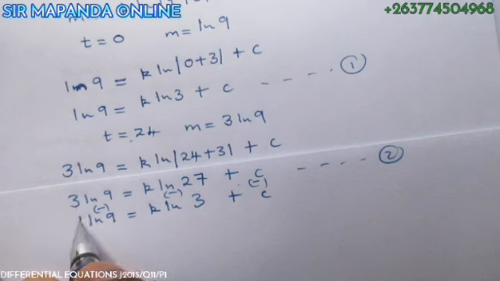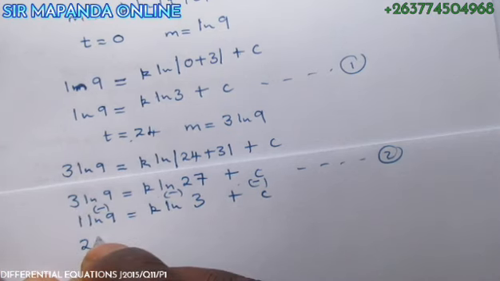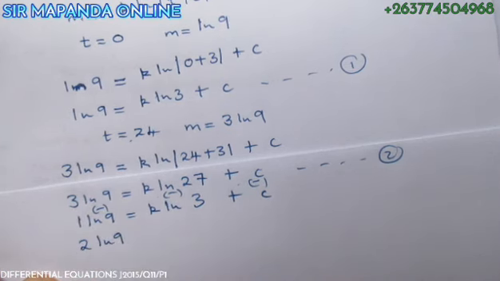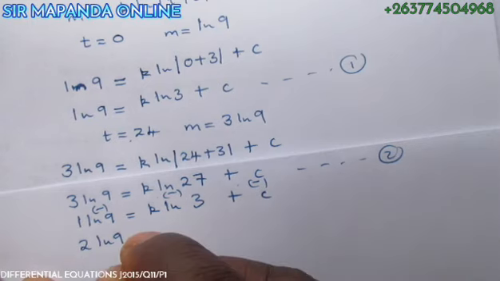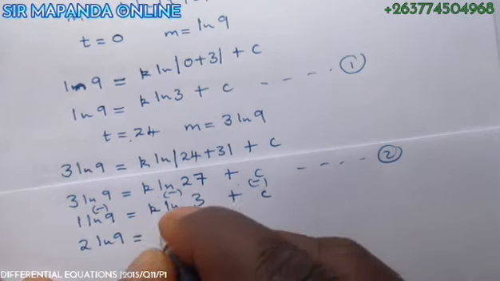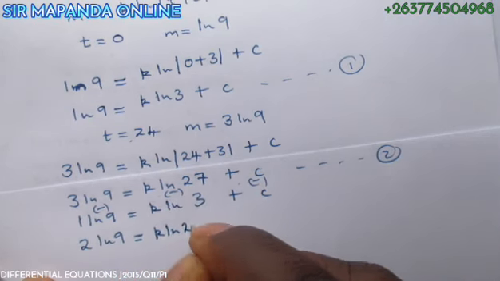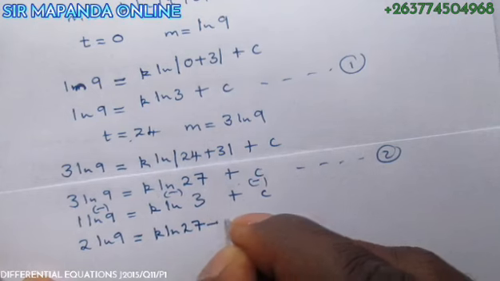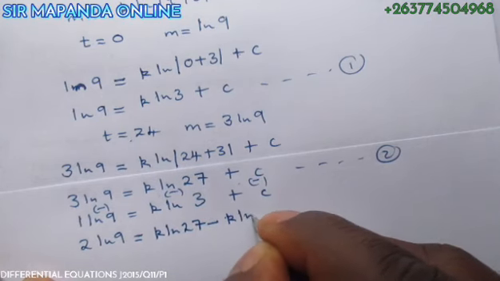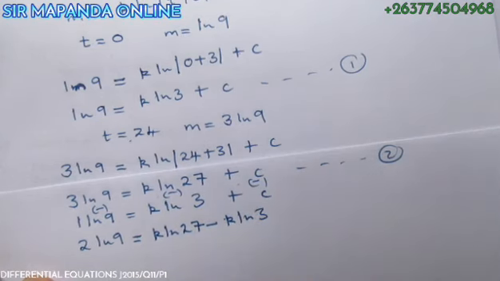So you just say 3 minus 1, you get 2 ln 9. Like 3x minus 1x, you get 2x. Right, then you move on. Here you are now saying k ln 27 above minus k ln 3 below. Then c minus c is 0. So the letter c is eliminated.